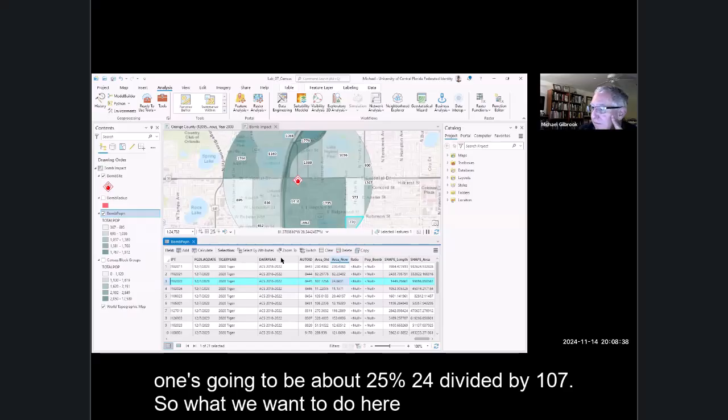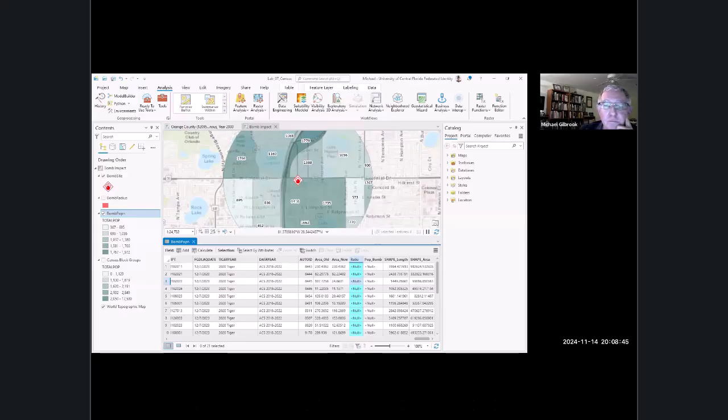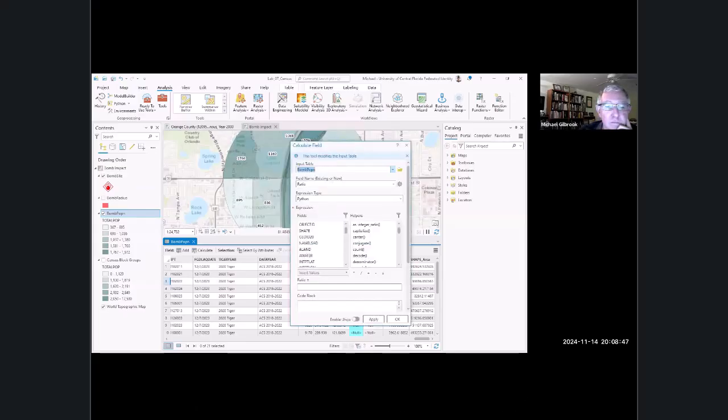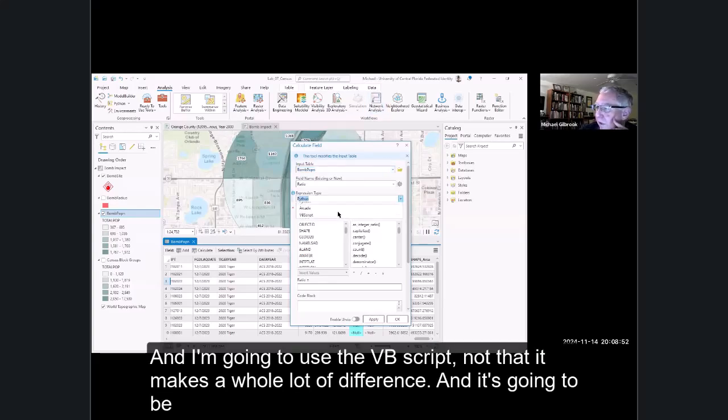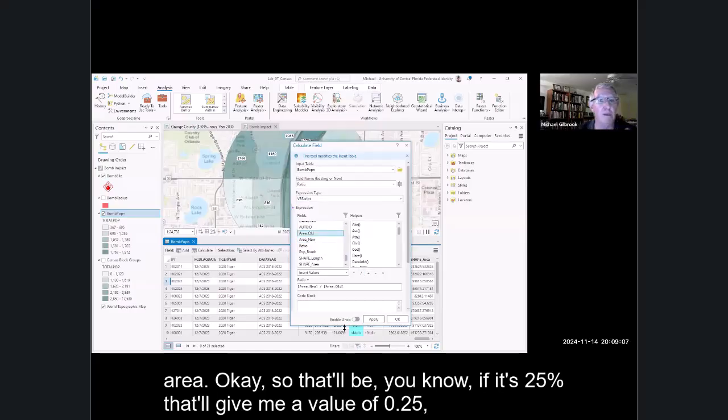So I get the ratio by calculating this field. I'm going to use VB script, not that it makes a whole lot of difference. It's going to be the new area divided by the old area. If it's 25%, that'll give me a value of 0.25, right?